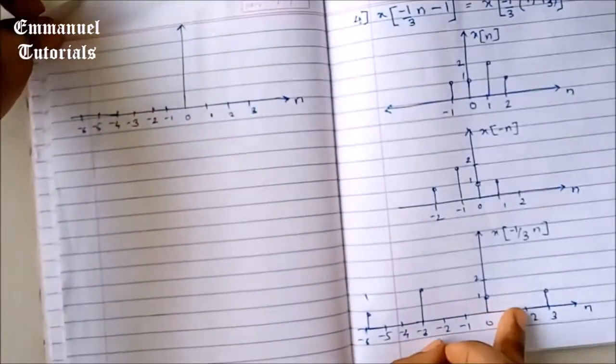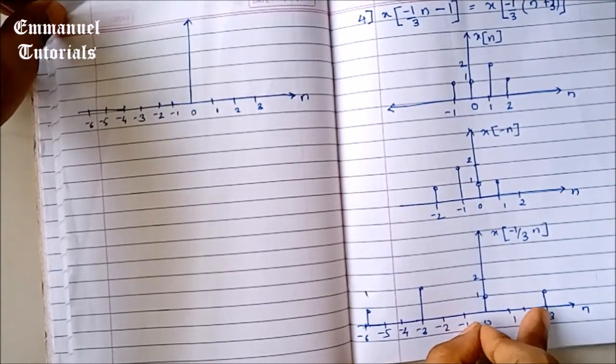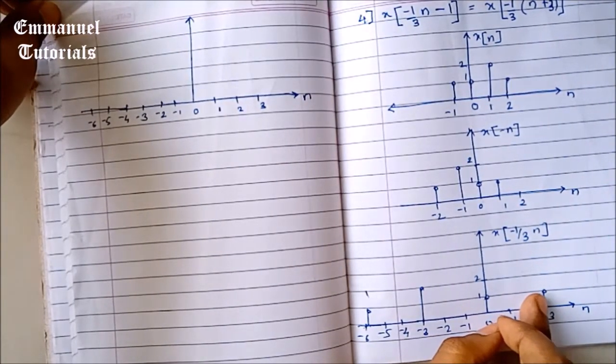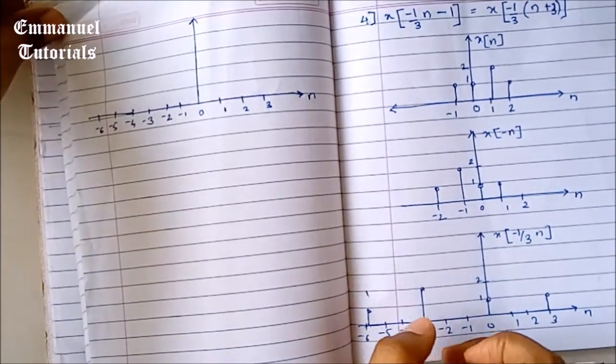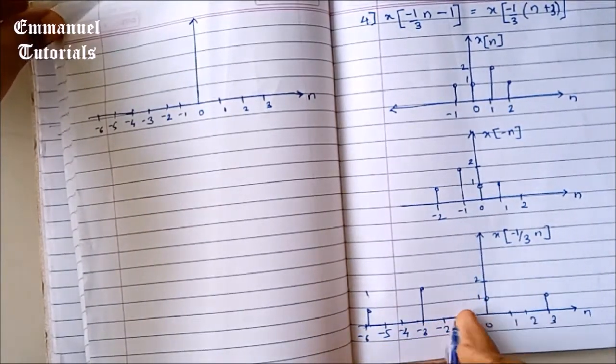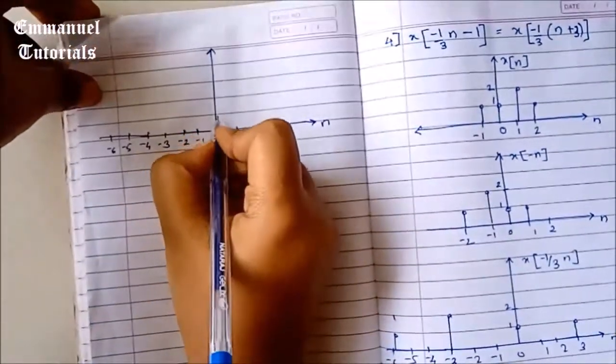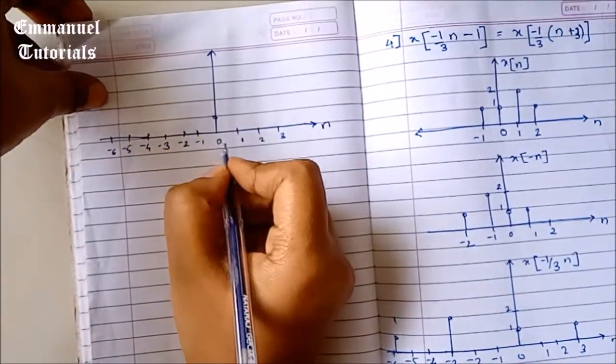So the signal at plus 3 is of amplitude 1. This will be shifted by 3, so 3 minus 3 to the left. So it will be at 0. So at 0 the amplitude will be plus 1.